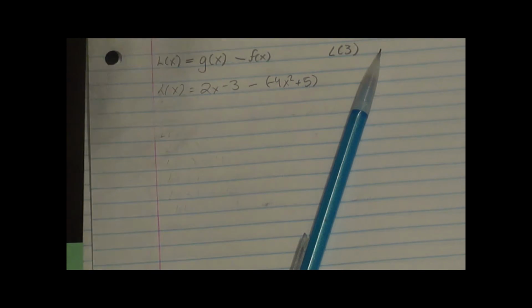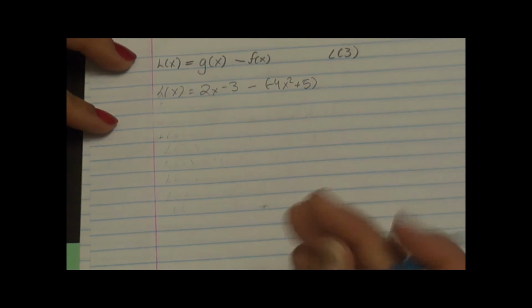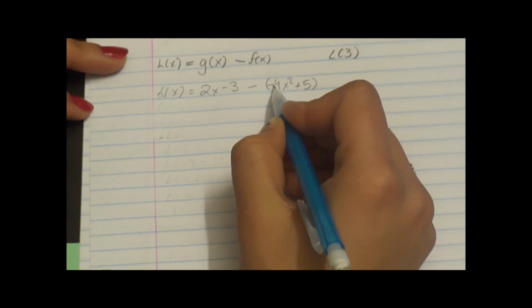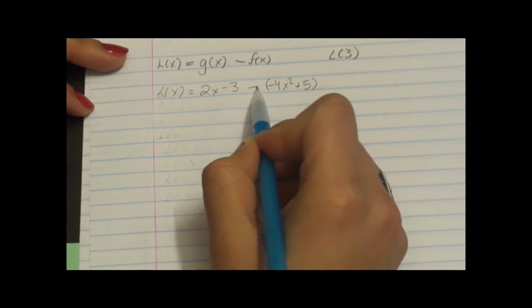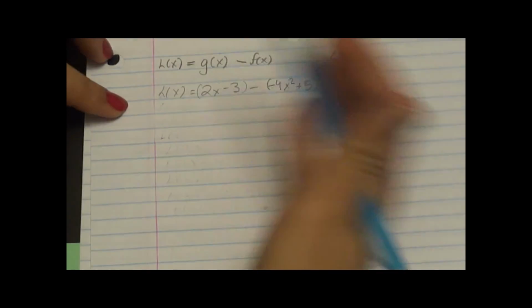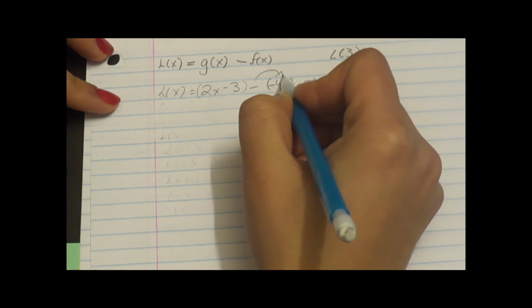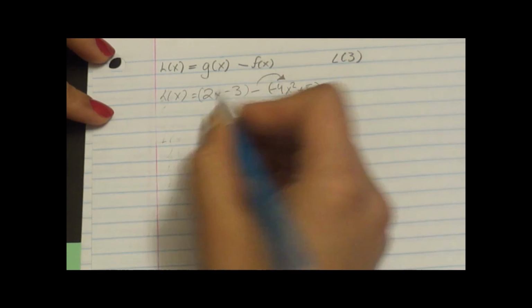So for L of x, we have to subtract f of x from g of x. It's important to put f of x in brackets because it has a negative in front, and usually when people don't do that, they end up thinking that this negative is a subtraction sign between these two different functions. So it's important to put the bracket here to remind yourself that you need to expand the negative into this bracket.